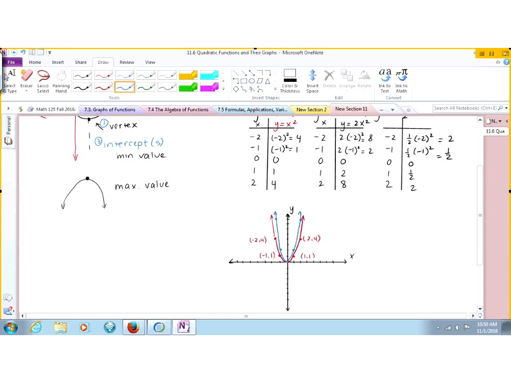How about half x squared? y is equal to half x squared. How does the graph look? Is it wider?